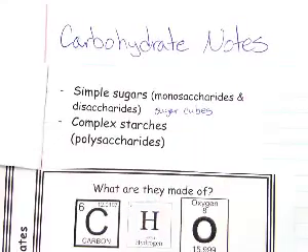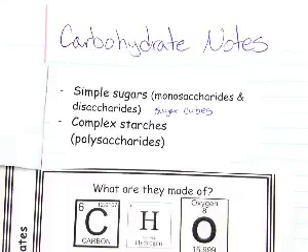The sugar cubes on the front represent the simple sugars. And then we have complex starches called the polysaccharides.